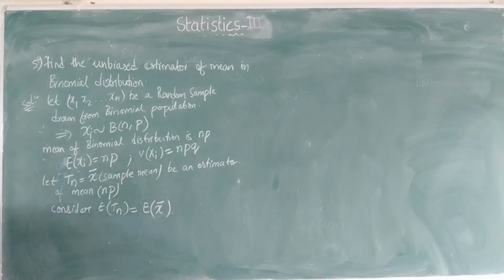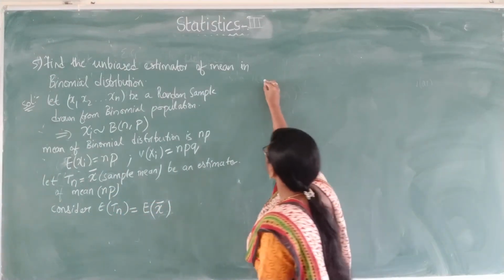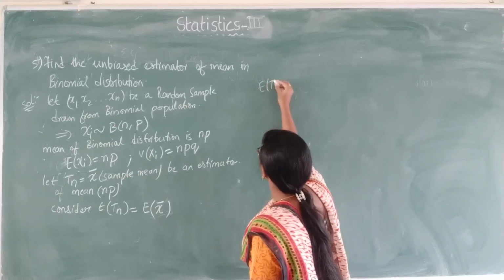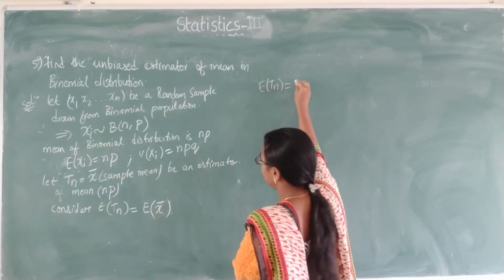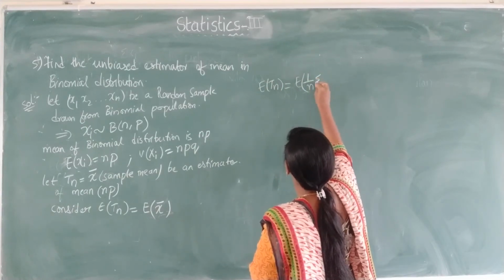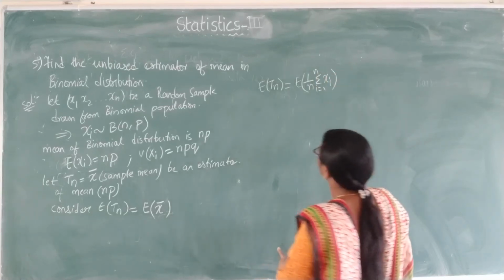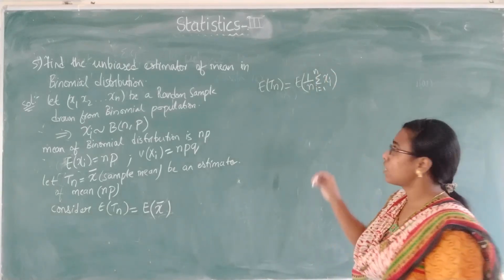So what is the formula for the x bar? X bar equals 1 by n summation xi. So substitute that value. Expectation of Tn equals expectation of 1 by n summation i equals 1 to n xi. Now write all the constants outside.